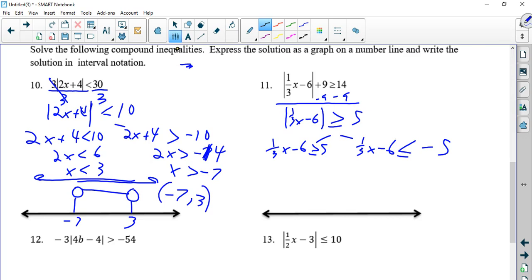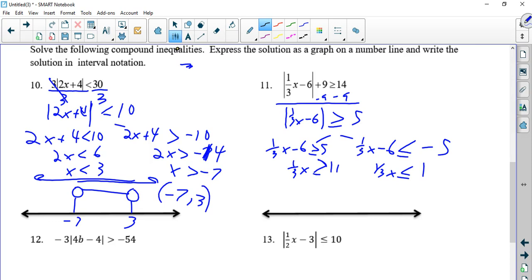I'm going to add 6 to both sides, which gives me 1/3 x is greater than or equal to 11. And then over here, I'm going to add 6 to both sides, which gives me 1/3 x is less than or equal to 1.